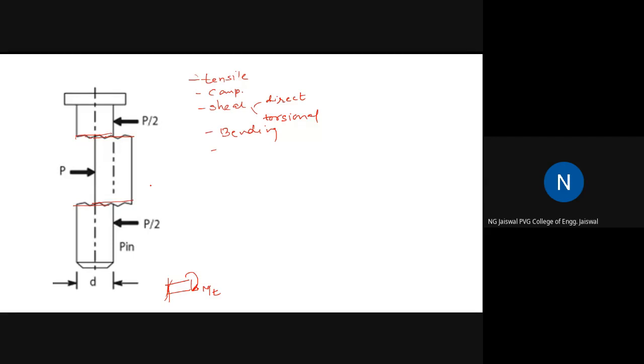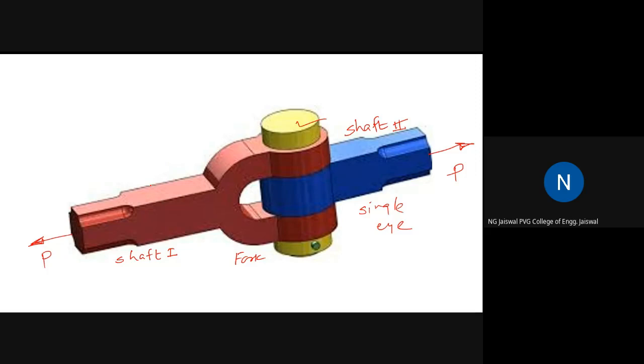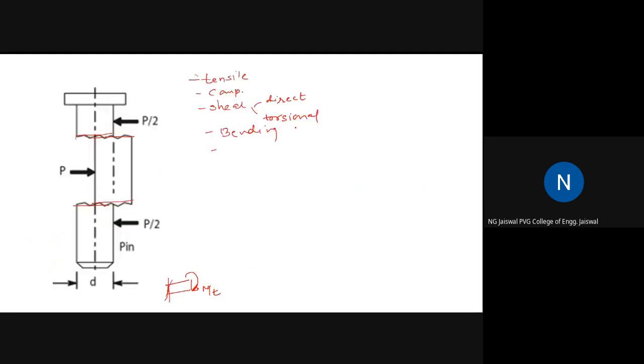Now, this is the pin, and from one end the shaft is connected with this force, and at the other end again the same force. So the likely stress induced in the pin is the direct shear stress.